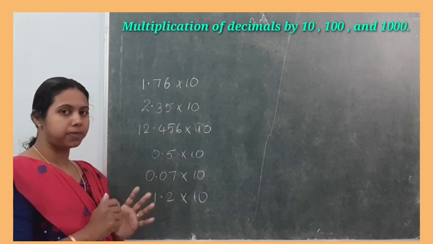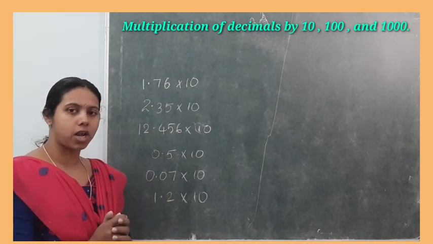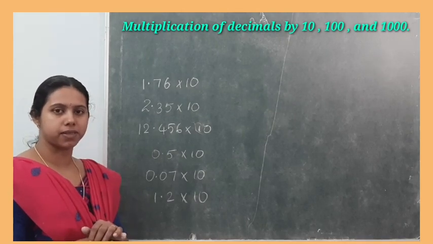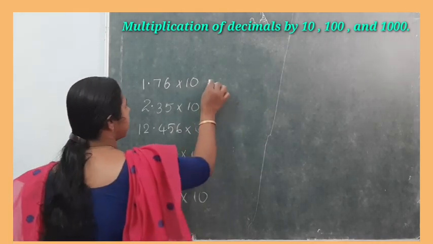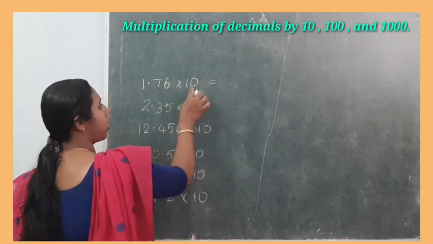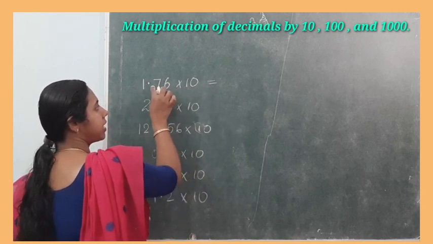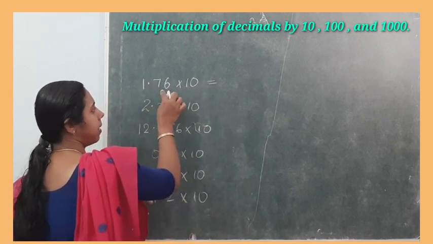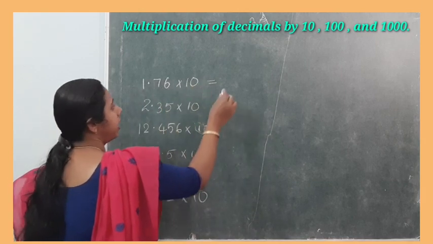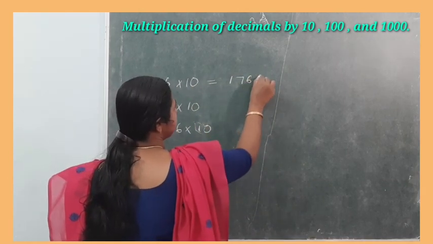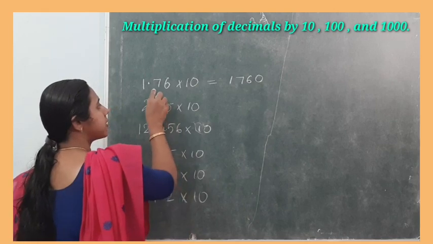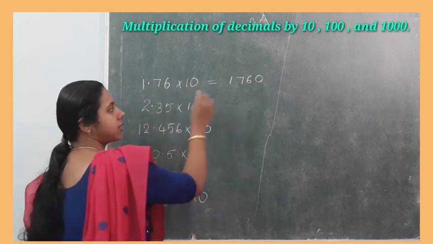We know when you are multiplying, just multiply them as a whole number and put the decimal point, is it? So it will be 176 into 10. When you are ignoring the decimal point, the number will be 176 into 10. That means 1760. Now how many decimal places? 2 decimal places.